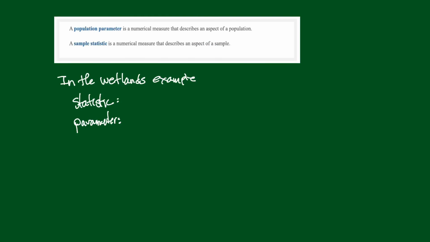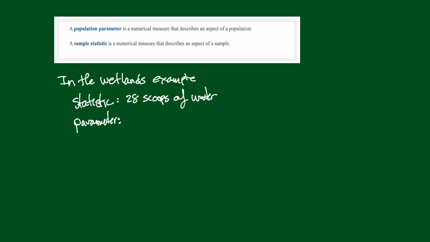So for example, in the wetlands example that we just looked at, we can take a look at a statistic and a parameter. Now, a statistic is going to be a measure that gets assigned to our sample. So remember what we had. We had, say, 28 scoops of water, and then what we did is we measured the nitrogen concentration. So just suppose that we had this.